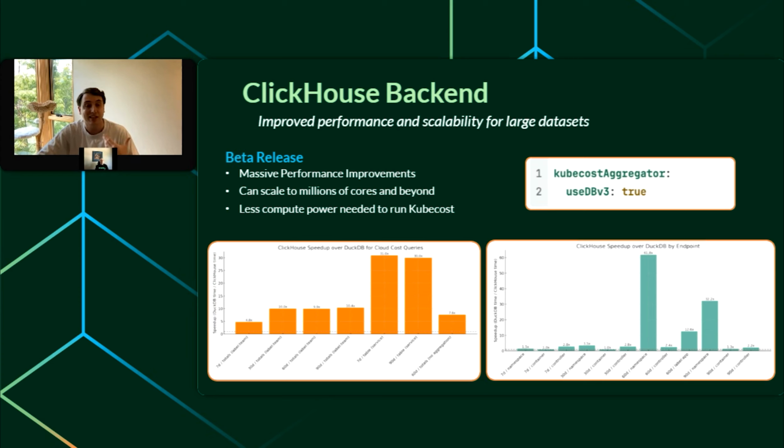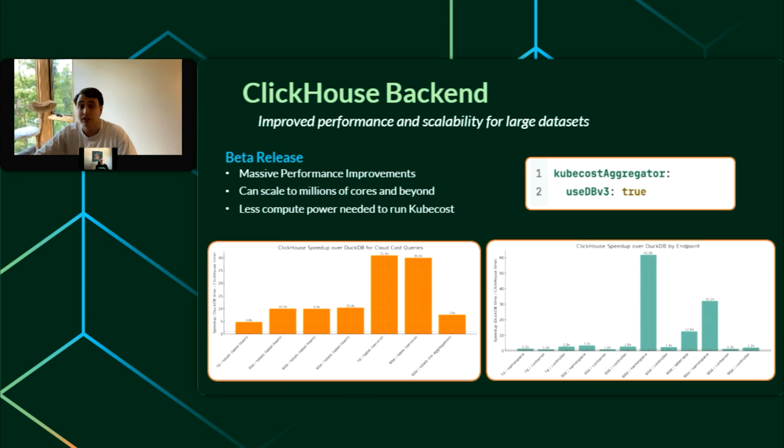And as you get to things like 90-day queries or more granular queries, maybe for custom or no aggregation, we're seeing like 30 times performance improvements, which is just amazing and is really going to help organizations running Kubecost at scale, which can be, we now see teams running Kubecost with millions of cores. So this is going to be a key deliverable for anybody using Kubecost at scale.